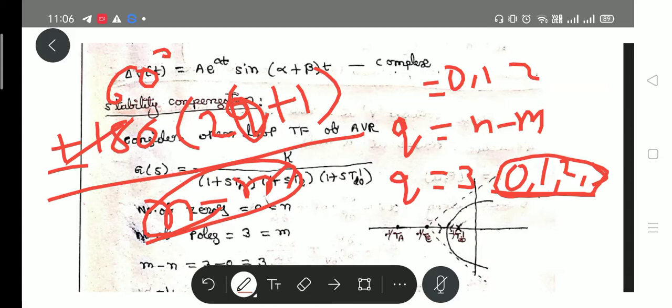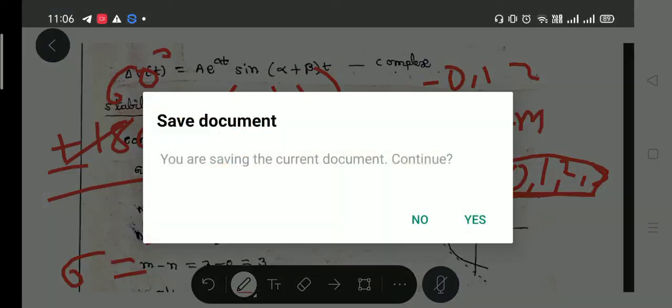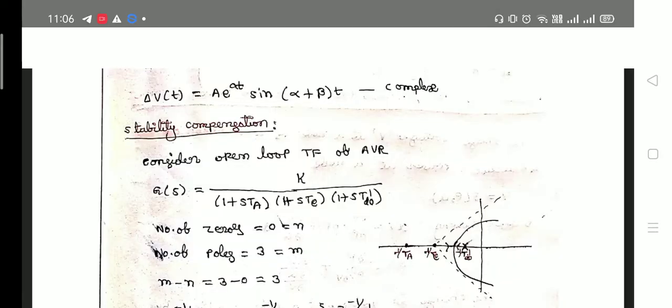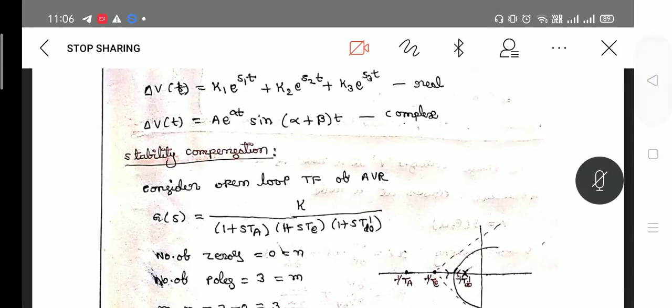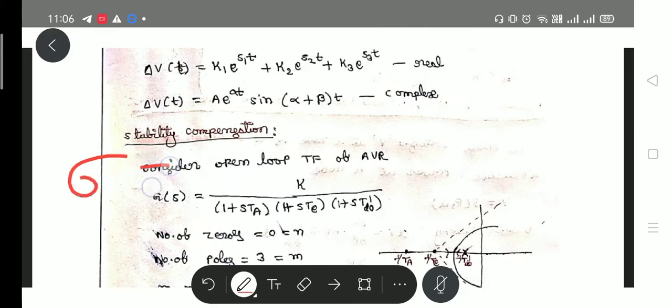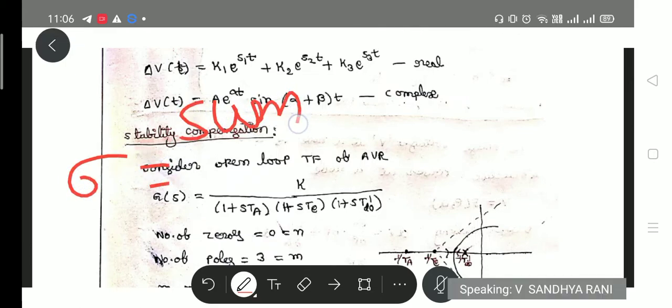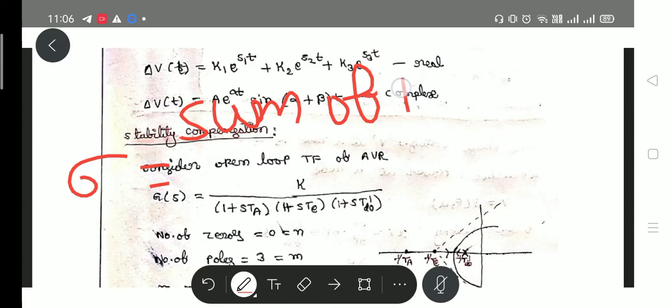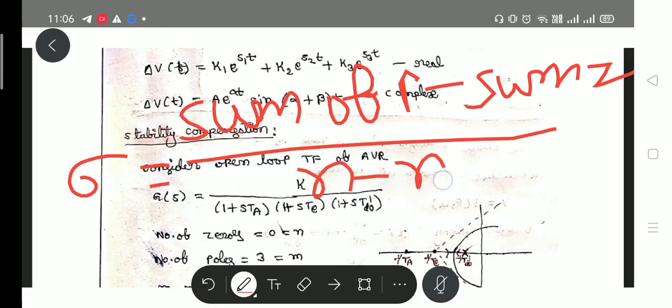From this, now you can find the centroid. The centroid is the sum of poles minus the sum of zeros by n minus m. This is the formula of the centroid, right?